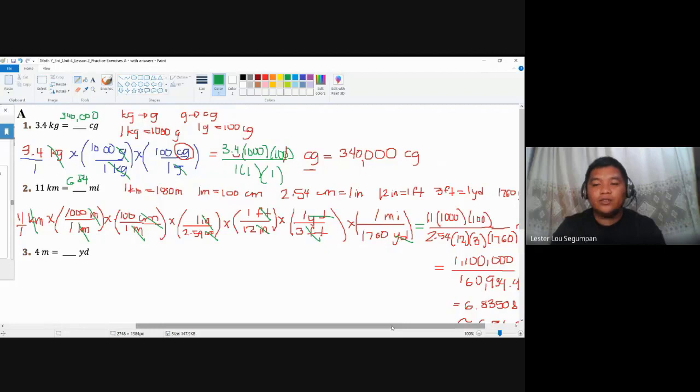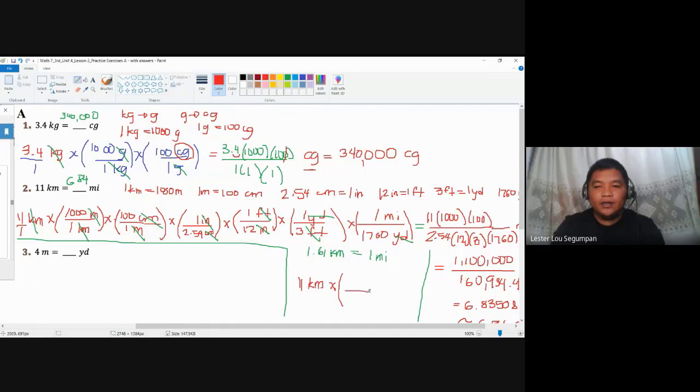If some of you will use the conversion factor found on the internet, this is still number 2, okay? Do not be confused with this. The conversion factor found on the internet is that 1.61 kilometers is equal to 1 mile. So we could just simply use that: 11 kilometers times 1 mile over 1.61 kilometers.